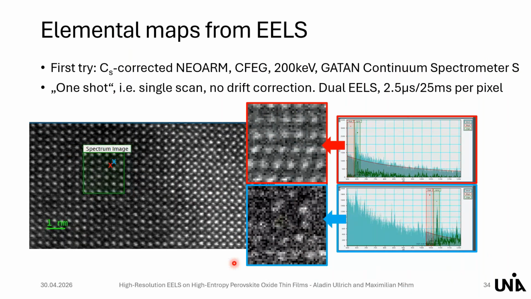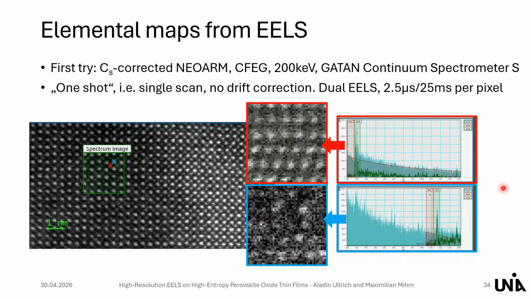By the way, this is raw data, raw signal. There's no filter applied or anything. It's really the raw data you get out of the instrument. Please also note the drift in the manganese lattice. You see nicely that the picture is a little bit drifted during the measurement in the second half of the map. But as I said, it's raw data, no drift correction was applied. So I think it's still quite impressive what you get here.